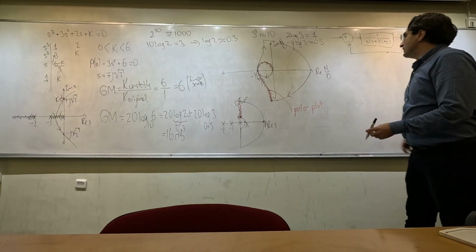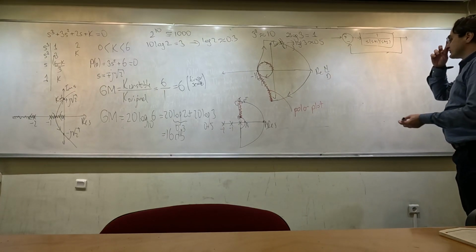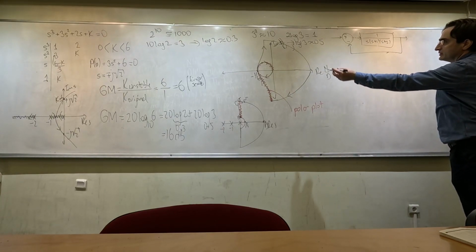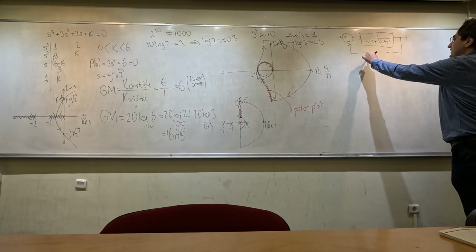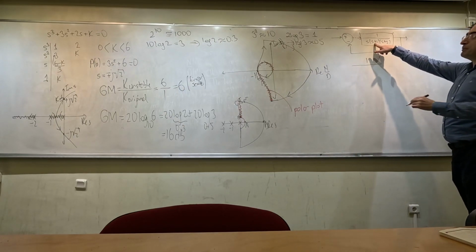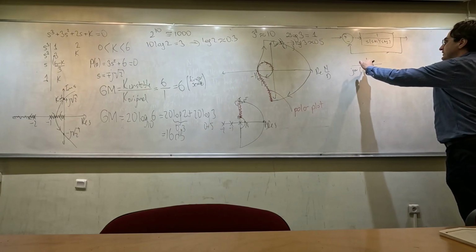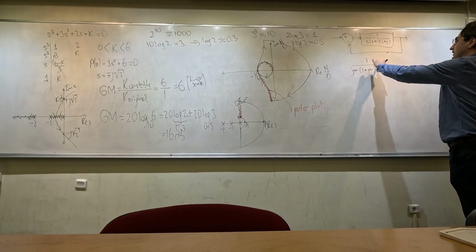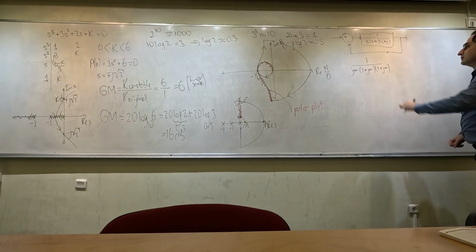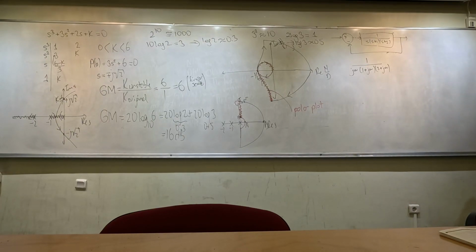So let us try to understand what happens in this polar plot. I will pass this into the frequency domain. I have 1 over j omega, 1 plus j omega, and 2 plus j omega. This is my open loop system.